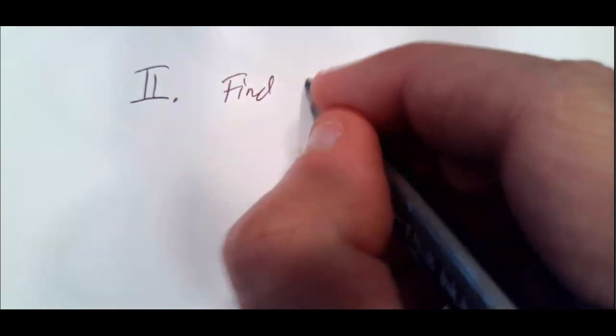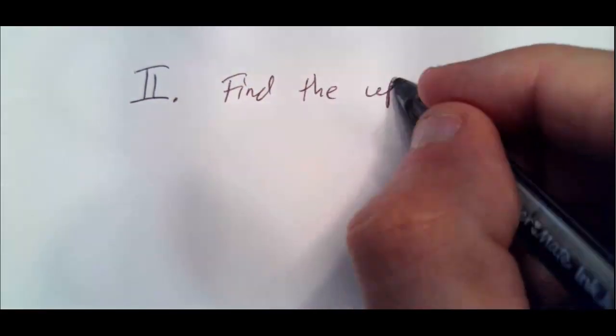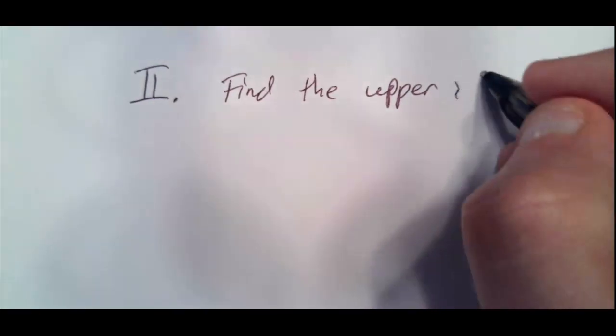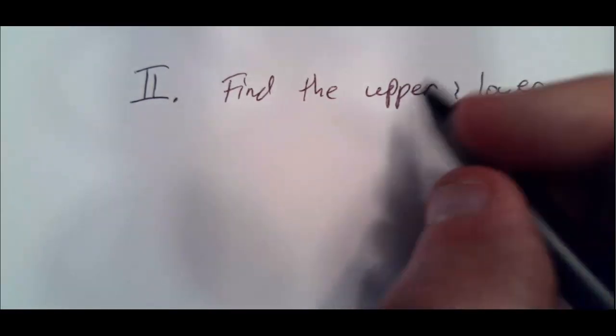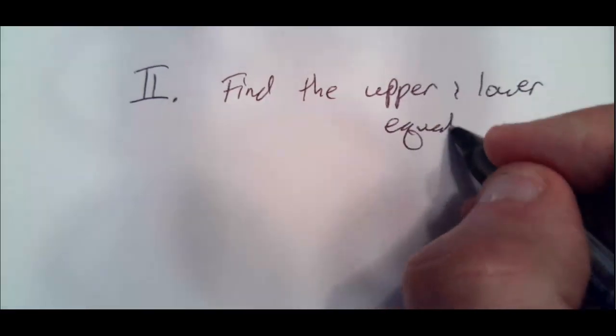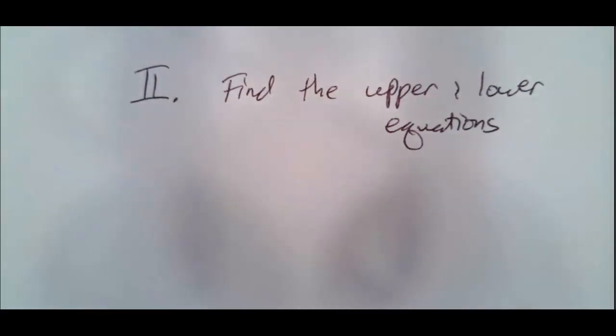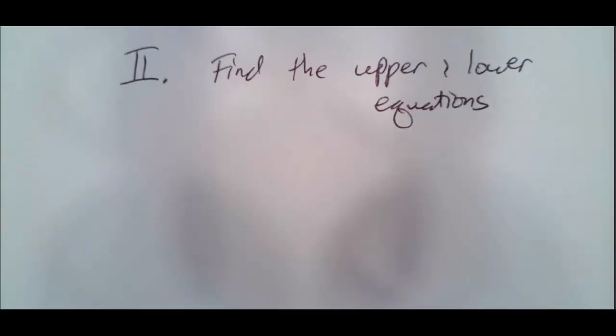What we want to do is find the upper and lower bounds, the upper and lower equations of the oscillating graph. I can't remember how it's stated, but you'll recognize it when you see it on the test tomorrow.